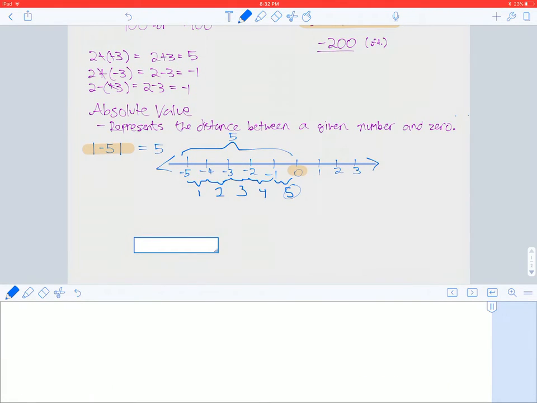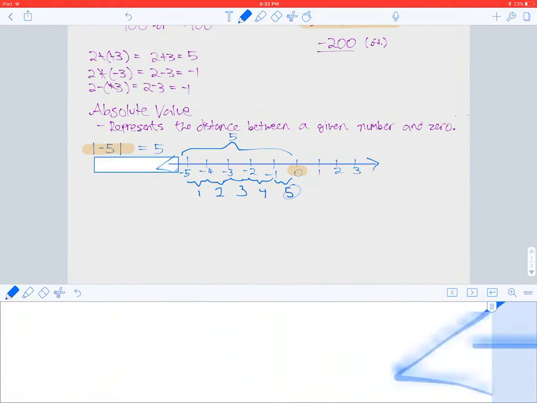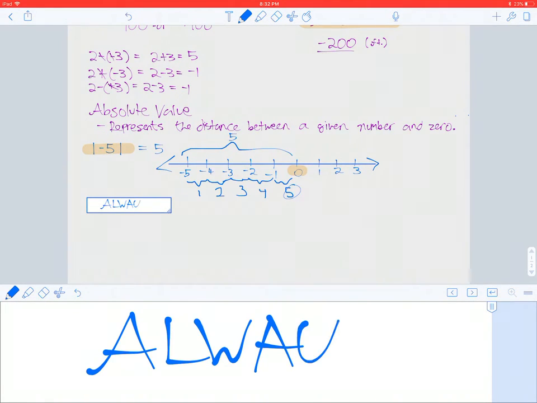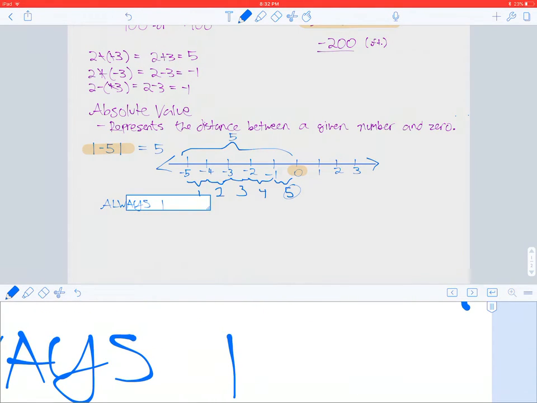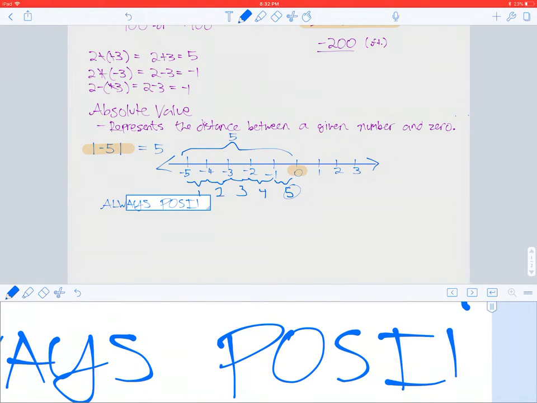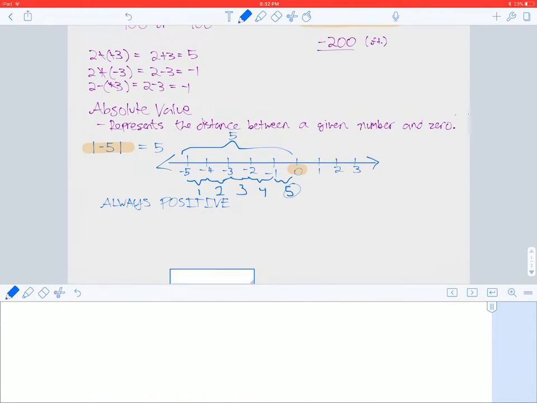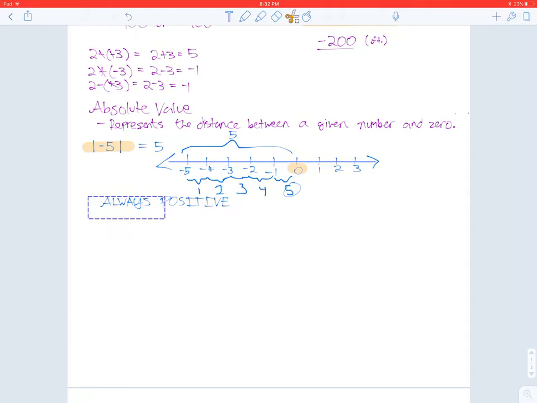And if you notice this relationship, absolute value is always positive. The reason for that is that there's no such thing as negative distance. Let's say we had a car driving to a certain destination.